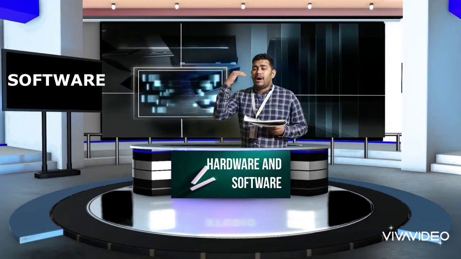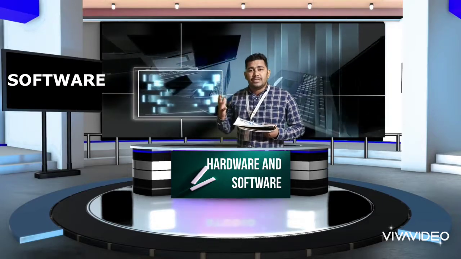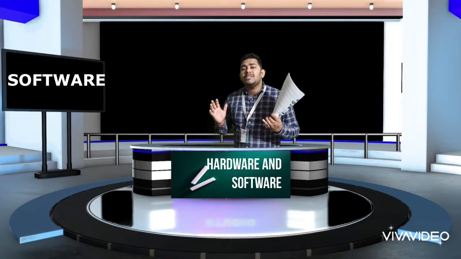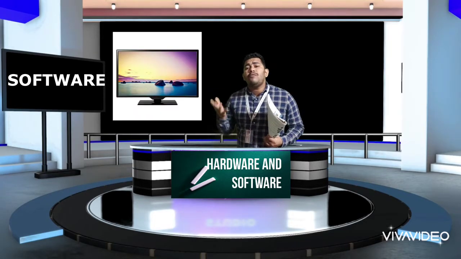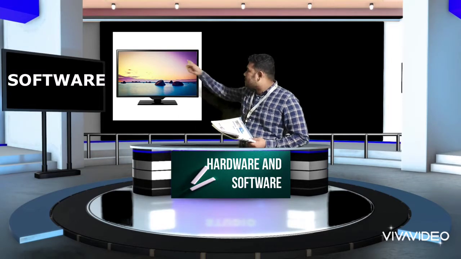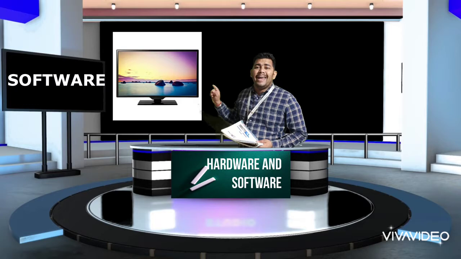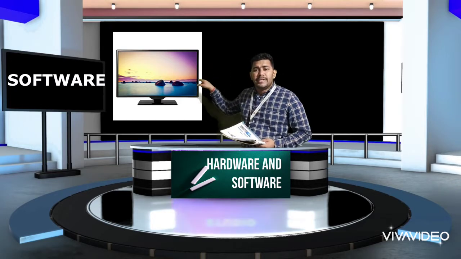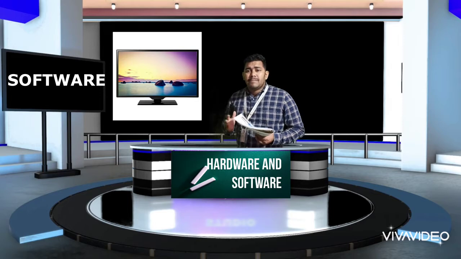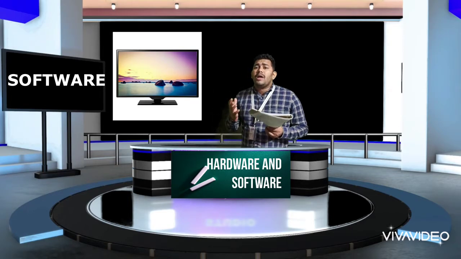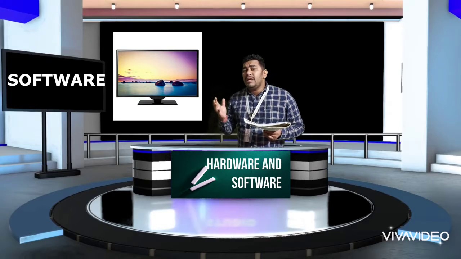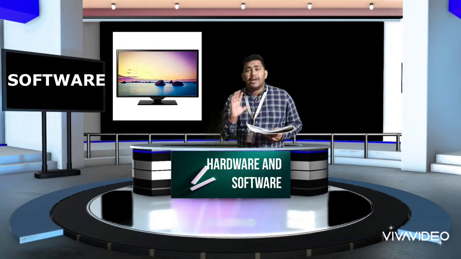Suppose you are watching a television. The television is hardware, but the program you are watching on the television is your software. Similarly, software is something which you can see but you cannot touch.